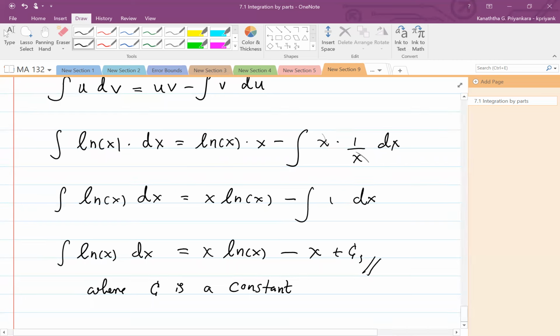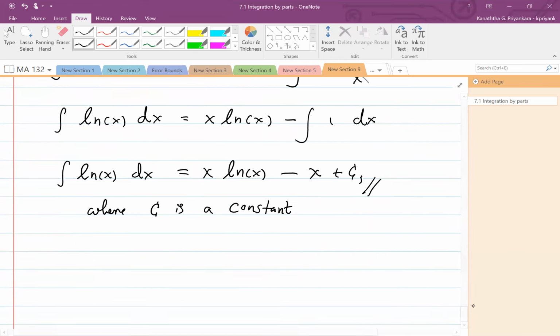So next I'm going to do another example. You will see the importance of this when we do this question. So let's write down the next example.